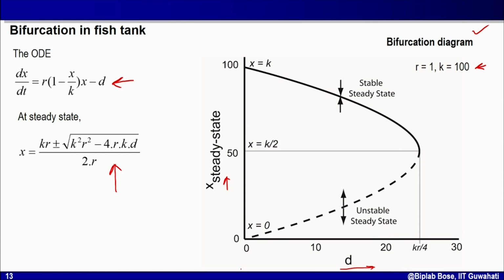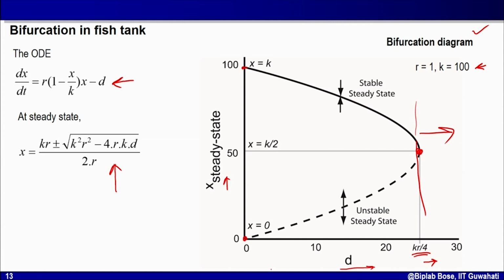If d is equal to 0, I have two steady states, the curve is intersecting at only 2 points. If d is bigger than kr by 4, then I do not have any real solution, so you don't see anything on this side. If d is equal to kr by 4, then I have only one possible steady state here, which is k by 2.